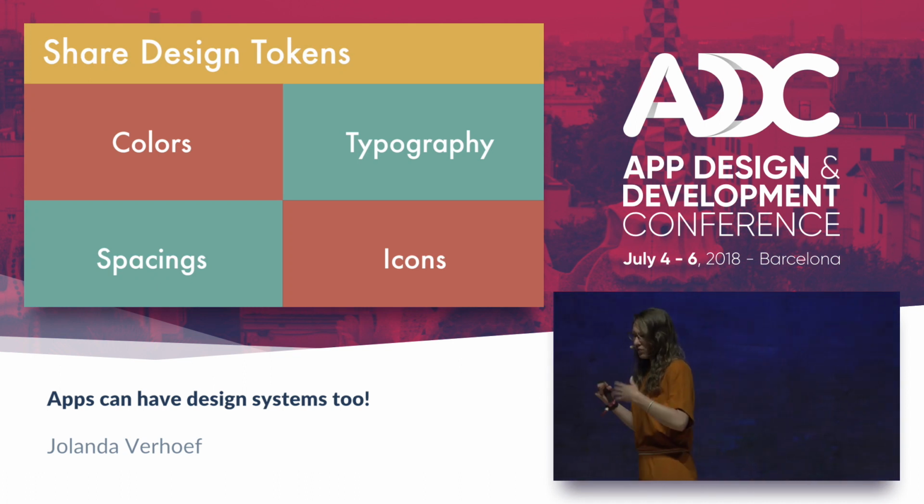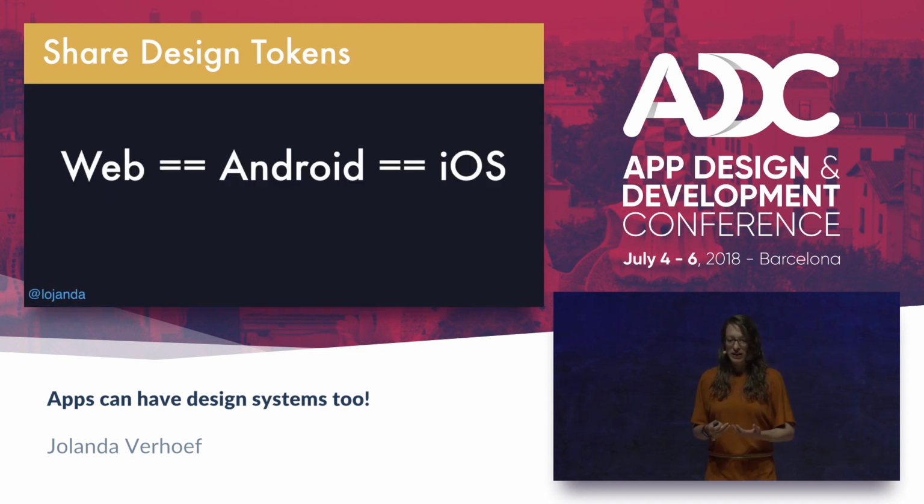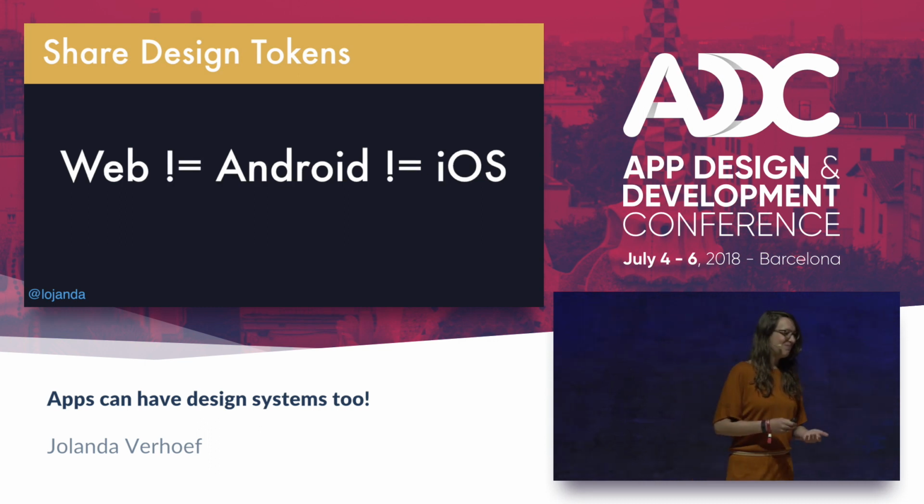First of all, if we look back at the design tokens that we just talked about, it kind of looks like those could be the same for each client, right? A color red would be the same color red on web, for Android and for iOS, right? Well, that's not fully the case.